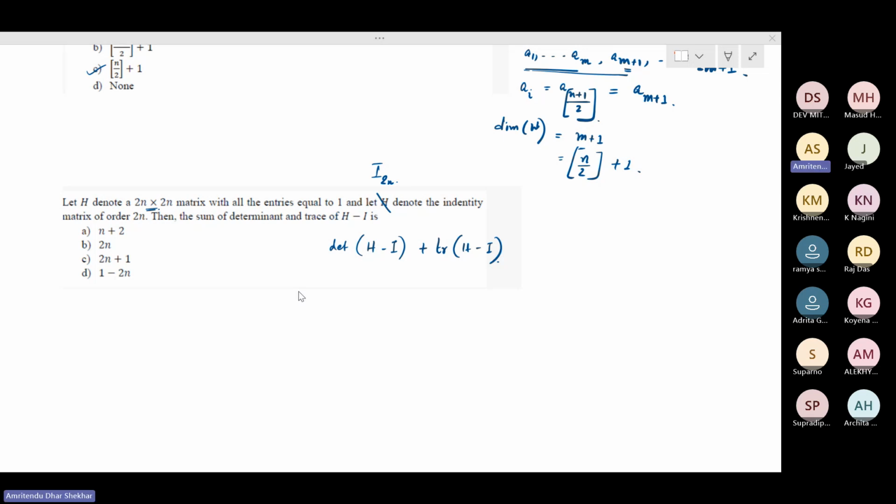Right. So this problem you can just proceed by induction over here. So the trace part is 0 over here. So the trace part here is going to be equal to 0.